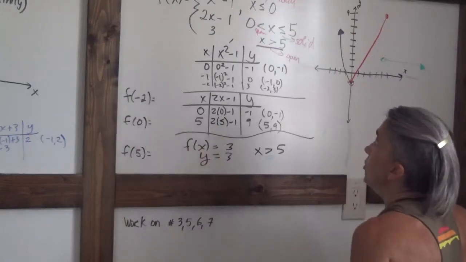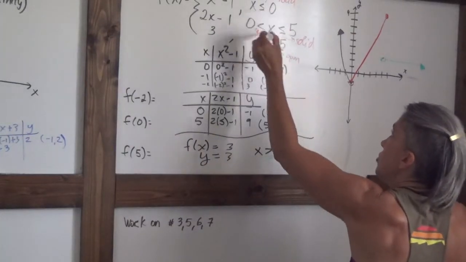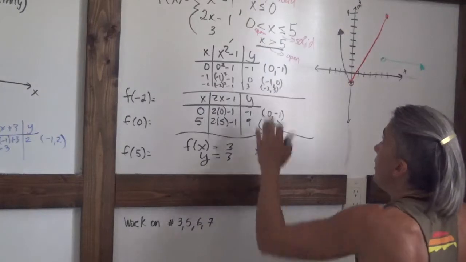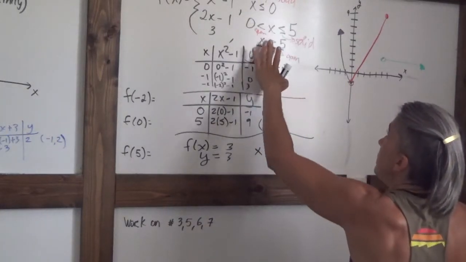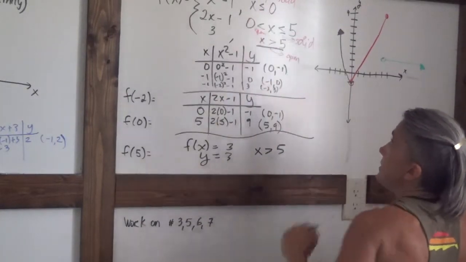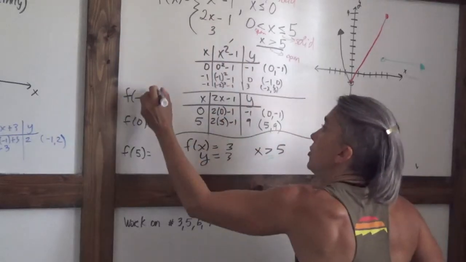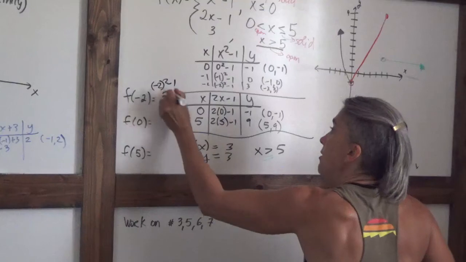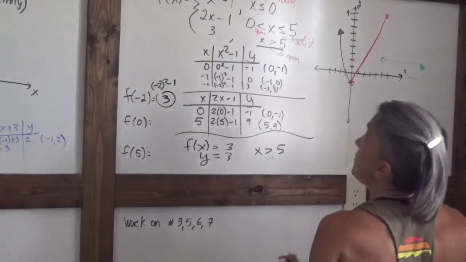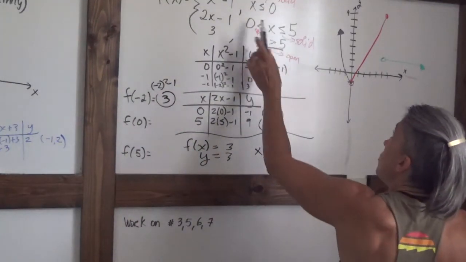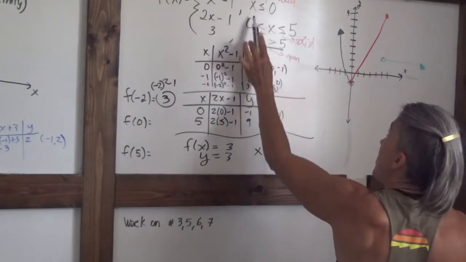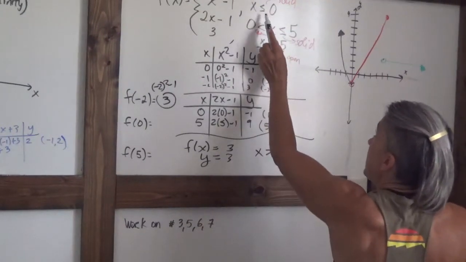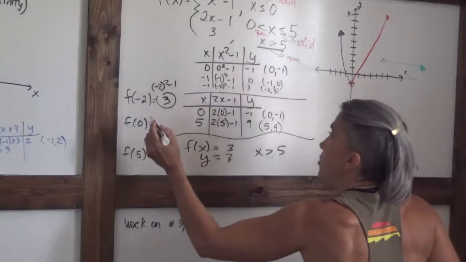So let's see if we can get the answers for this last piece here. f of negative 2. Well, which one of these lovely restrictions has negative 2 in it? Definitely not this. These are all positive. Less than 0. Yep, that's negative 2. So I'm going to plug in negative 2 in that quadratic, and I get 3. Which one is f of 0? Well, we got two different zeros going on here. Which one actually includes 0? Again, it's this one with the equal 0, x squared minus 1.